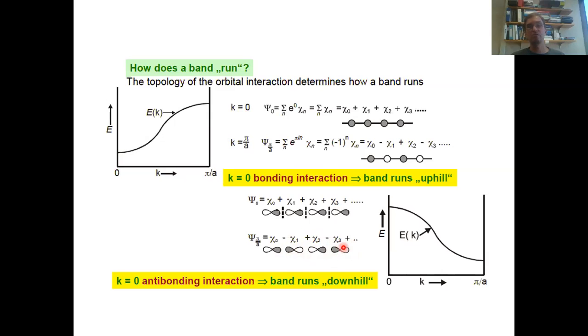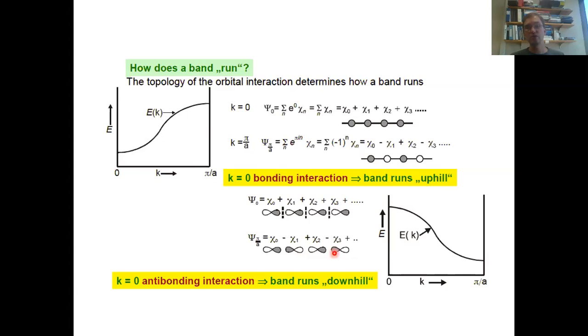Now you can see that this maximizes the bonding interaction. This lobe would overlap with this one, and they have the same algebraic sign, creating bonding interactions, and so forth.